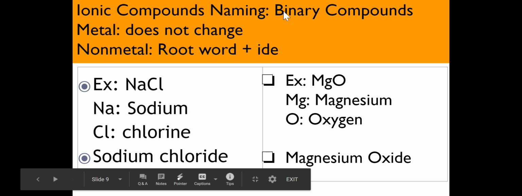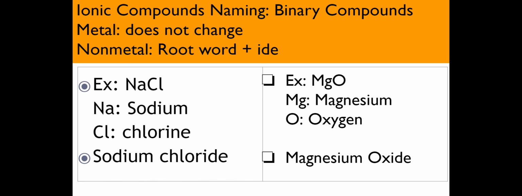Okay, whenever one metal and one non-metal form an ionic compound, when we name it, we keep the name of the metal. The metal's name does not change. It's exactly the same as the name in the periodic table. For example, sodium is still called sodium. Magnesium is still called magnesium. We always put the metal first. And for the non-metal, we change the last part of the word to -ide.